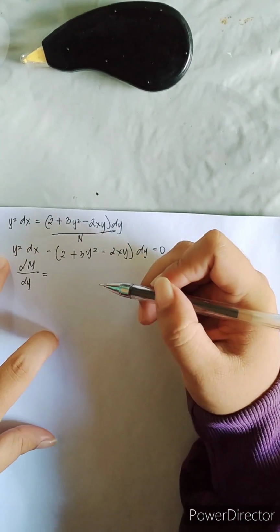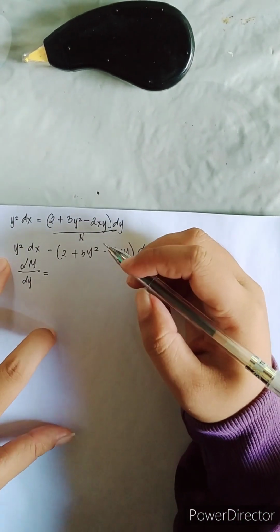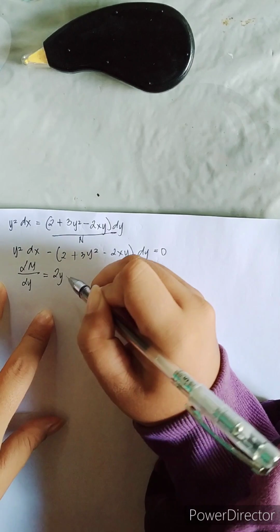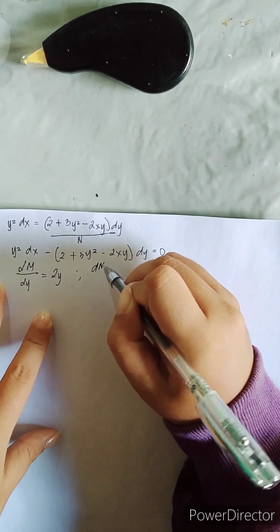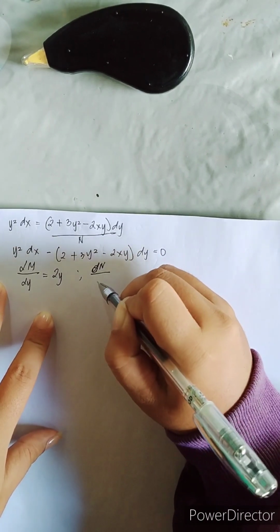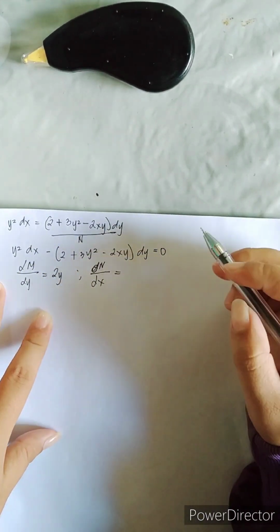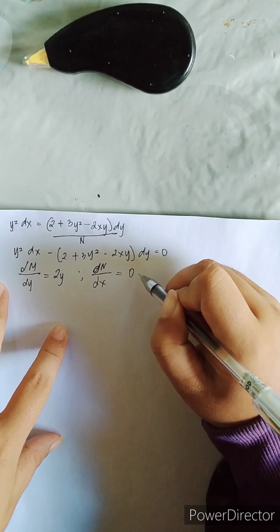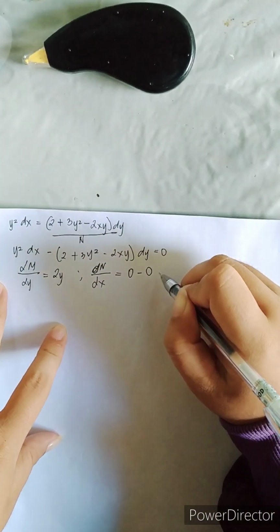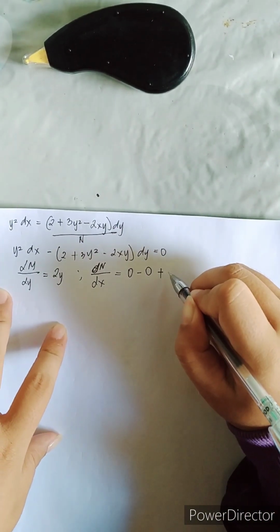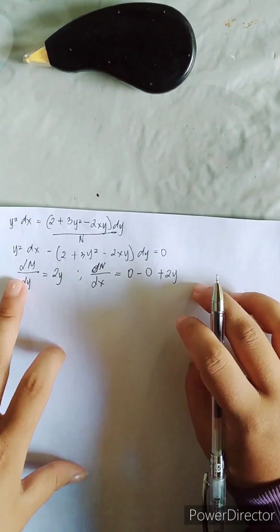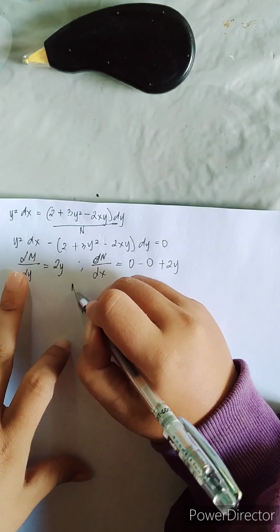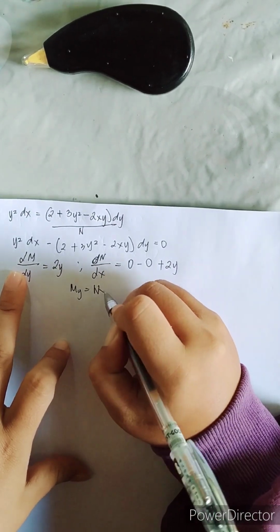The partial derivative of y squared in terms of y will be 2y. And the partial derivative of N in terms of x will be 0 minus 0 plus 2y. As we can see, our My is equal to our Nx.